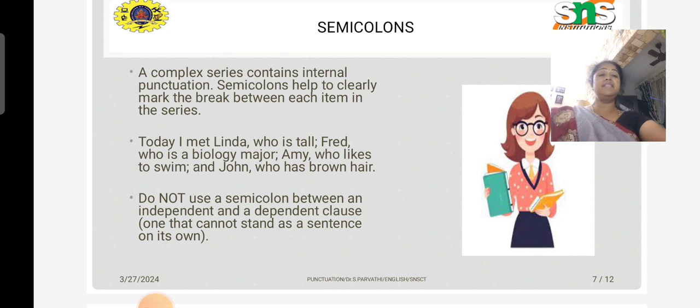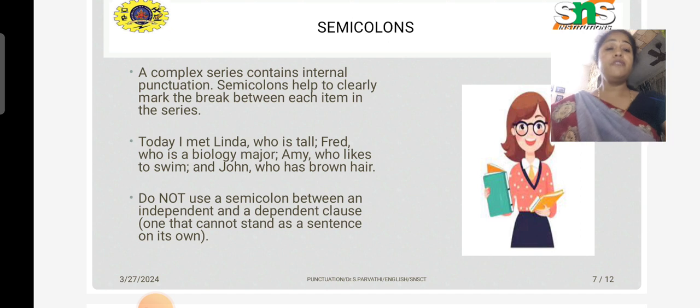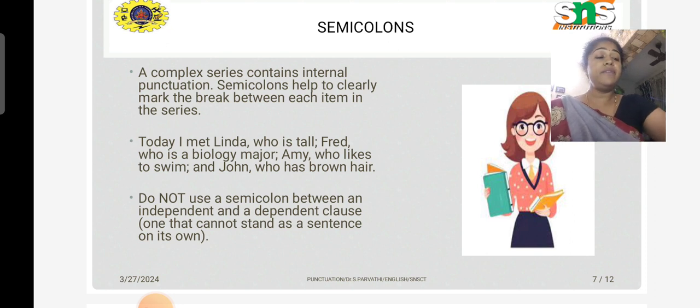See where the semicolon separates: Linda, who's tall, and Fred, who's a biology major, and Amy, who likes to swim, and John, who has brown hair. Wherever we use this punctuation, we are clearly giving a pause to that particular place.